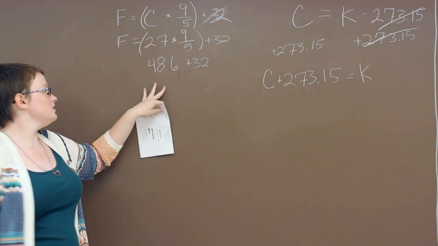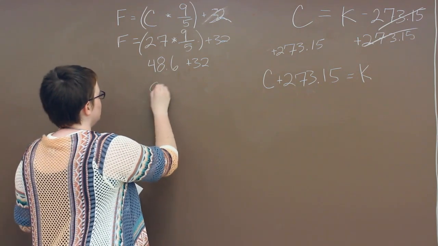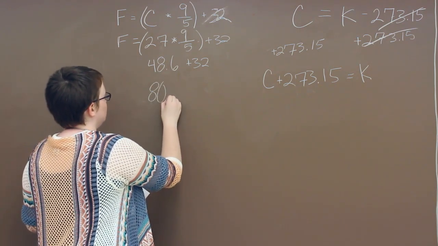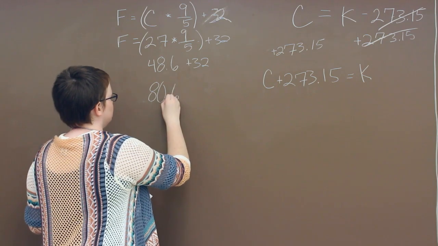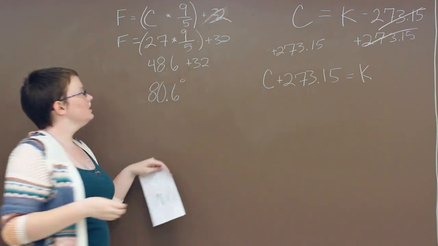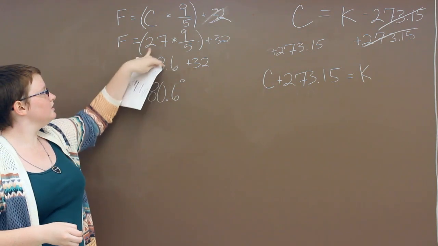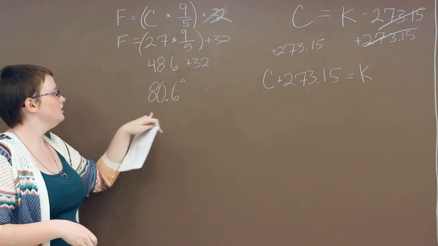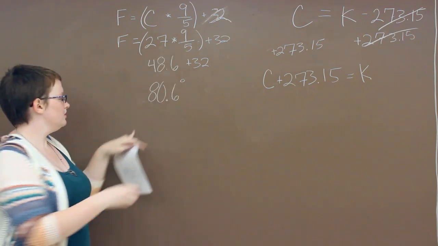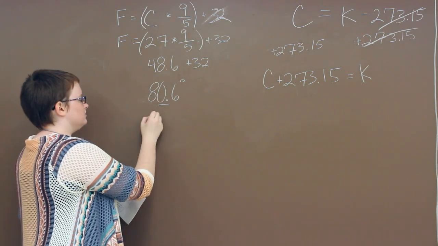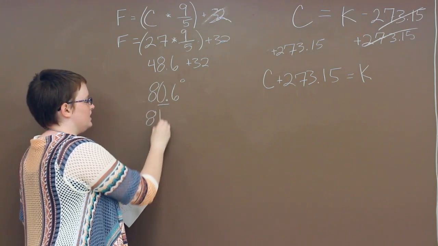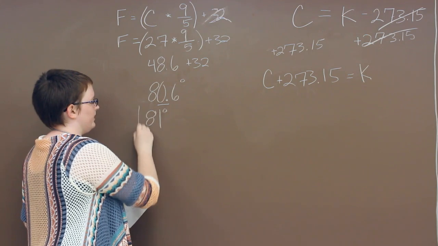So your final temperature in Fahrenheit is going to be 80.6 degrees. Now, because we started without any decimal points here, we're going to round this at this position, so we'll end up with 81 degrees for our final answer.